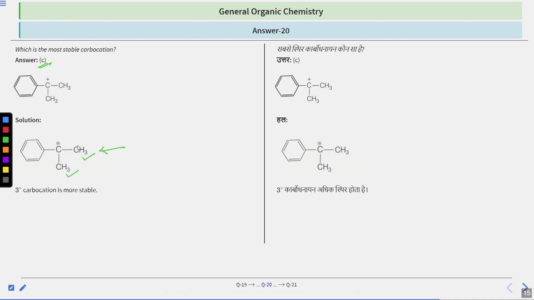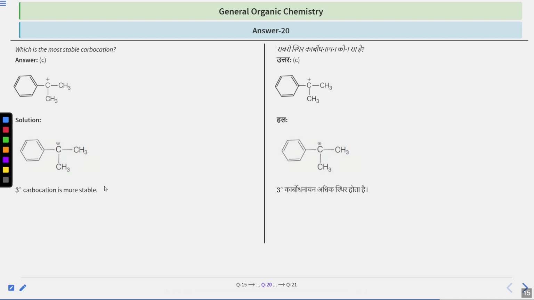That means electrons can be donated by this methyl, or by this methyl, and this carbon can get stable. Also, the resonance effect will be effective here due to the presence of the benzene ring. That means we have three factors for the stability of this carbon having positive charge. That's why it is a tertiary carbocation and hence it is most stable. And thus option C is the correct answer.